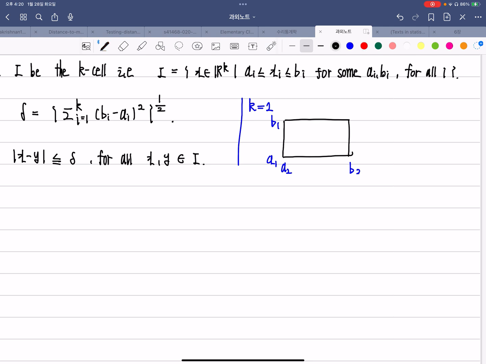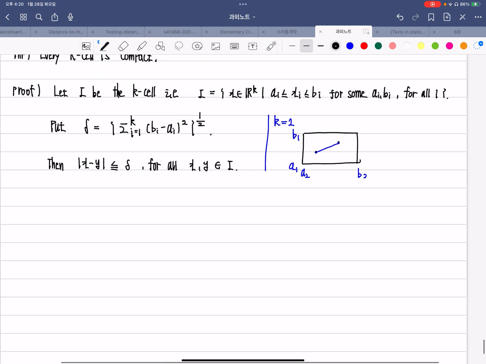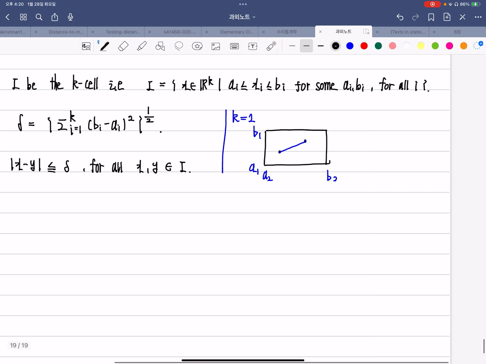Any point in this box, any 2 points in this box have a distance smaller than delta.